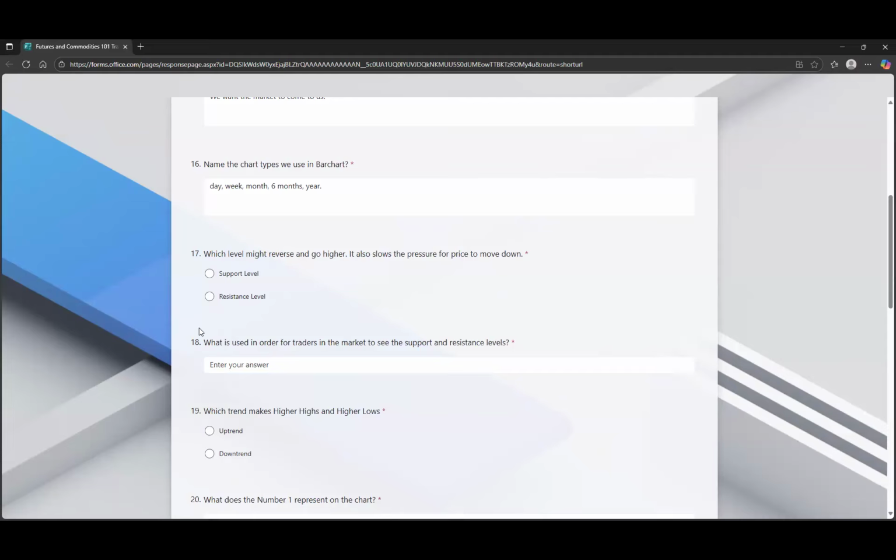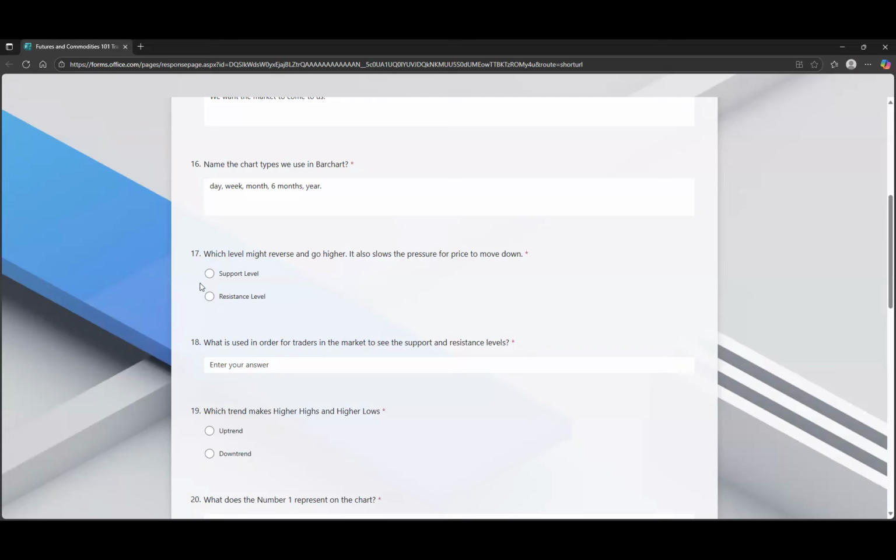Okay, let's look at this question. Which level might reverse and go higher? It also slows the pressure for price to move down. See, that's where you got me stumped. It slows the pressure while it's going down.